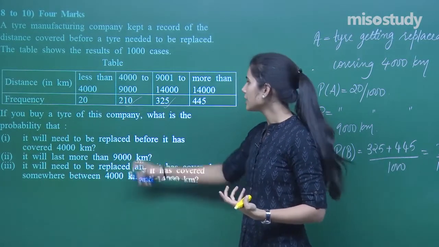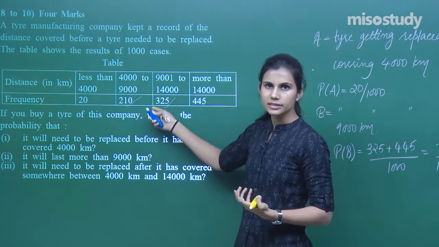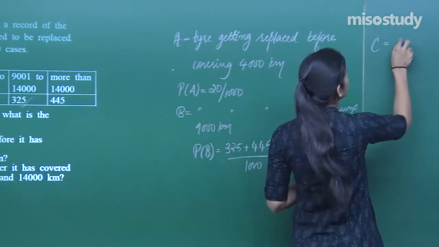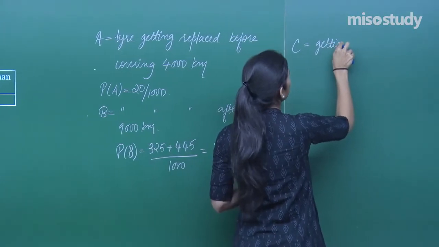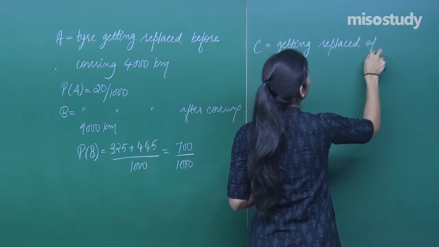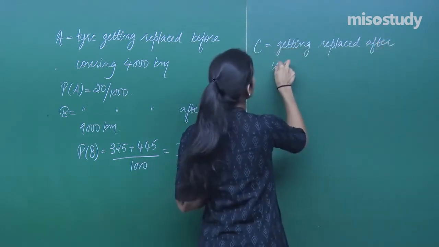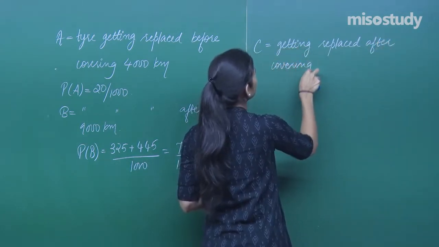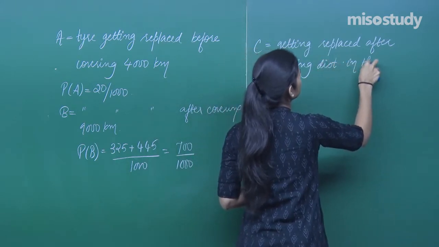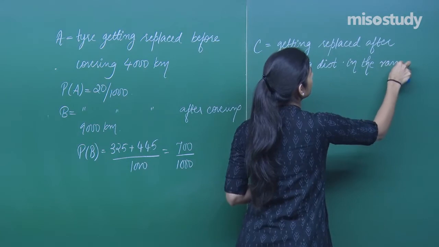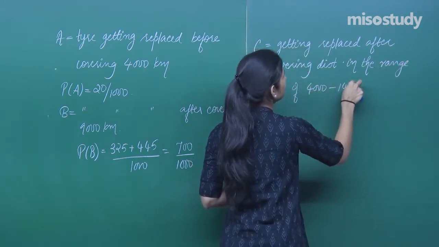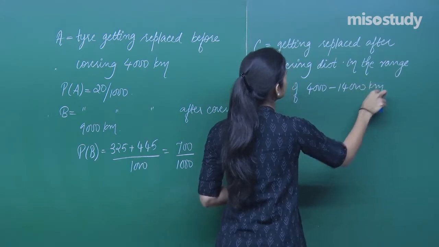So out of 1000 tires, 210 plus 325 tires are favoring my event C, which is getting replaced after covering distance in the range of 4,000 to 14,000 kilometers.